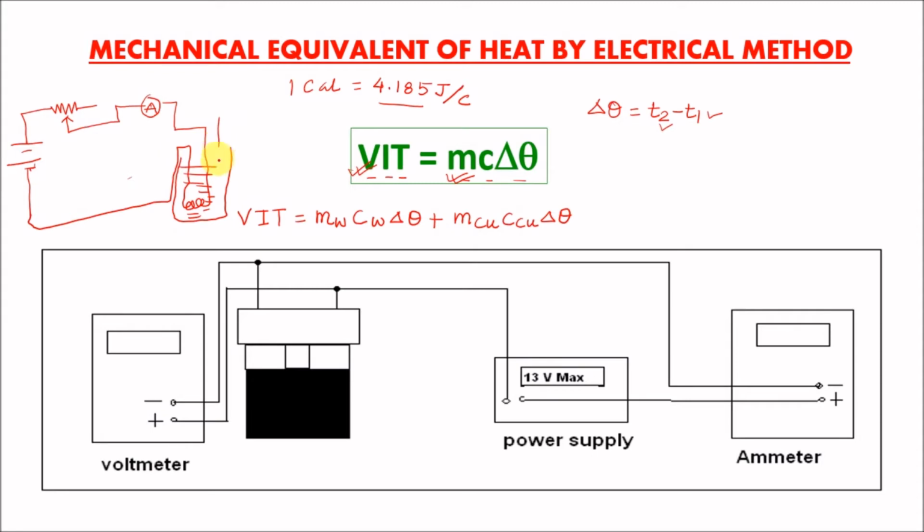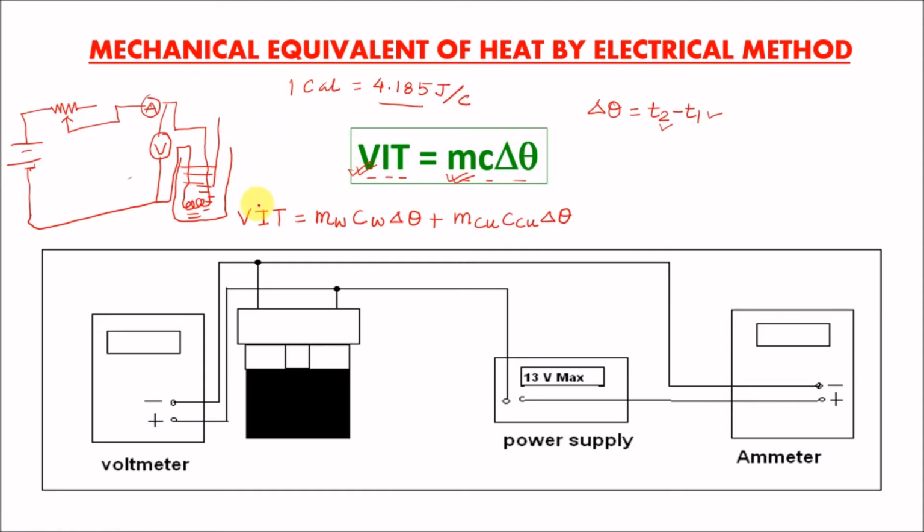You have a thermometer to measure the temperature of this water contained in the beaker, and the potential is measured by putting a voltmeter across the heating element. This is the electrical circuit you have to design to do this particular experiment.